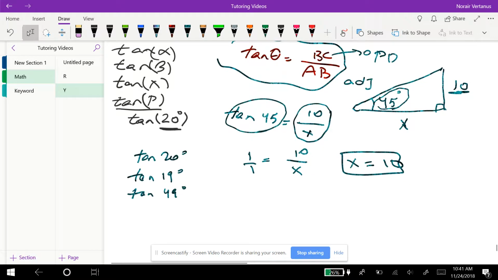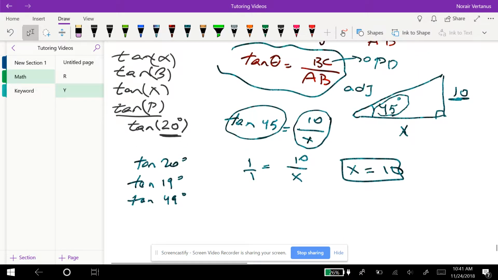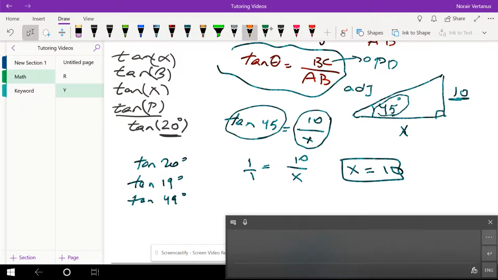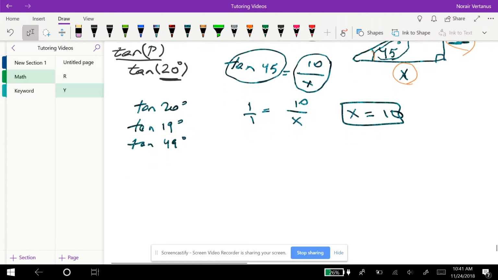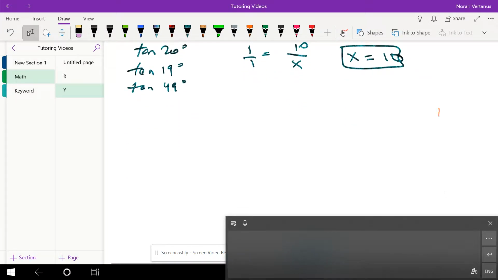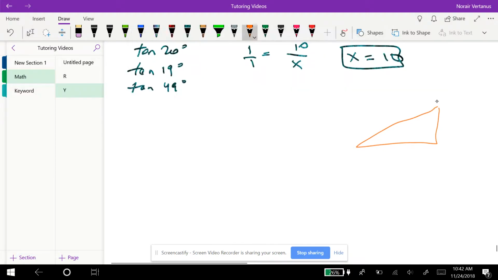That's about it. One more lesson besides this: sometimes they give you these two legs, the opposite and the adjacent, both given, and they're asking what the angle is. So you have this triangle, and this is 90 degrees. This is given, it's 2.